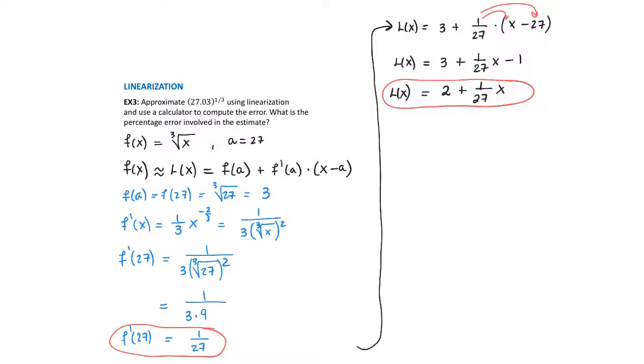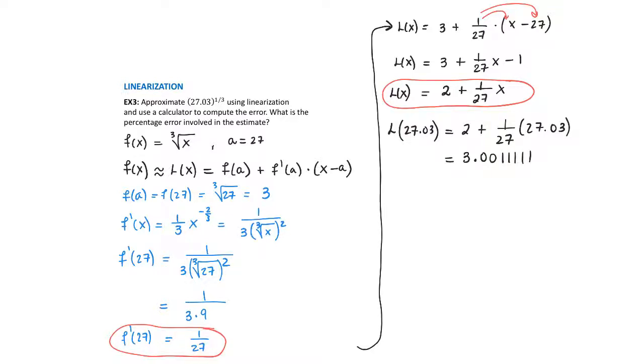Now then, I'm going to go ahead and find L of 27.03. This is a calculation that I can do with my very simple calculator. I don't need anything fancy. I just need something that allows me to divide, multiply, and add. So when I do this, this is going to be equal to 3.0011111.